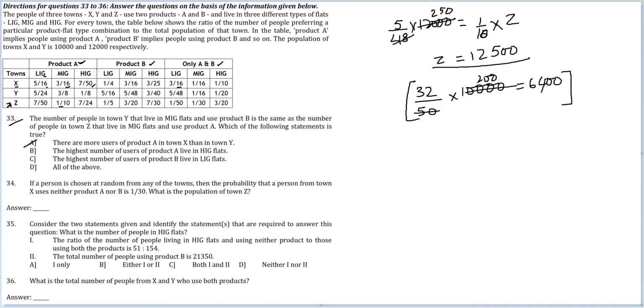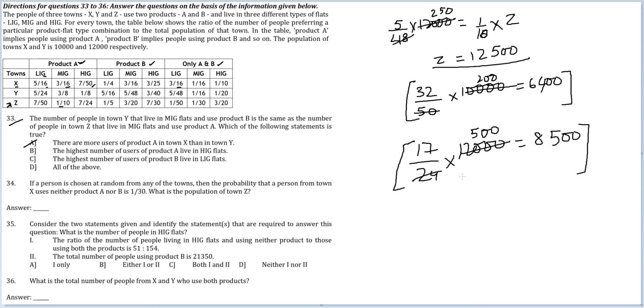Let's look at the number of people in town Y using product A. Town Y: 5 by 24, 3 by 8, 1 by 8. These two together give me 12, so I get 17 by 24 here. 17 by 24 into 12,000. Cancel, 500. I get 8,500 people here.